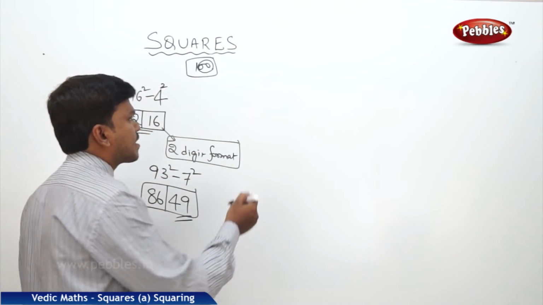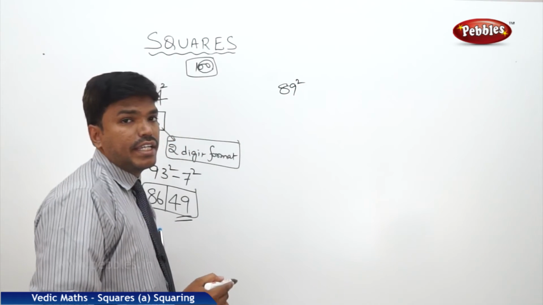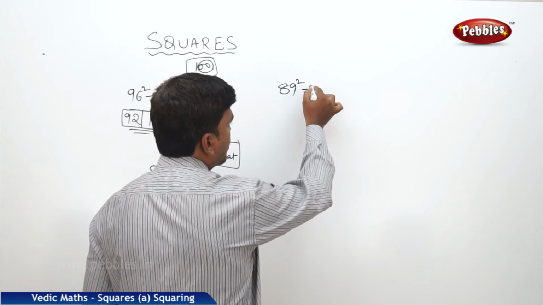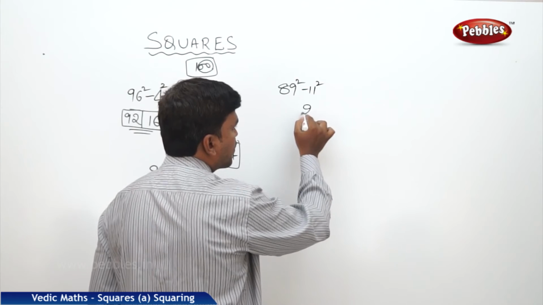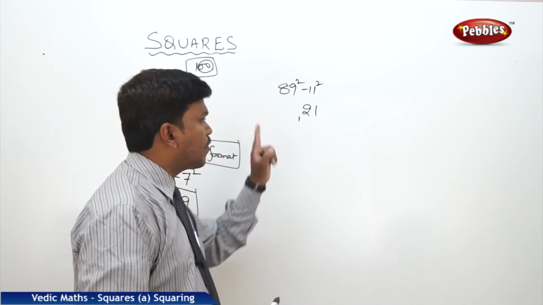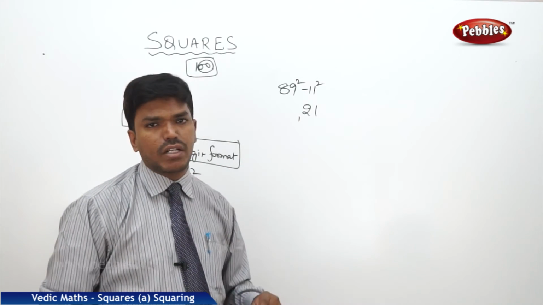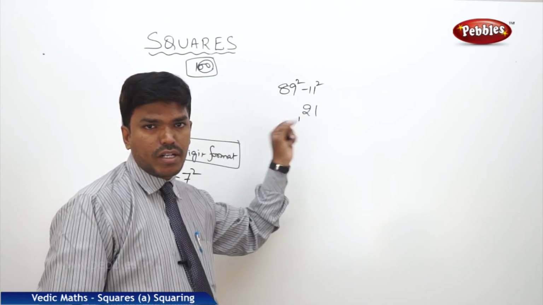How? Let us take one example. Suppose I need 89 square. So 89 is how much less than 100? 11. So 11 square is 121. So I am writing 21 here, and 1 will be the carry. In 121, we need to drop only 21 and carry forward the next number 1.